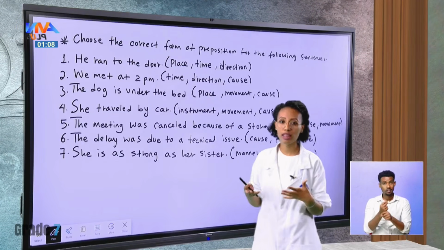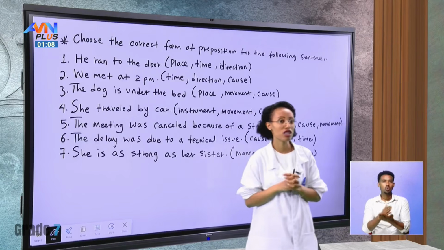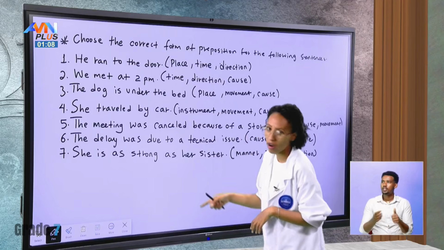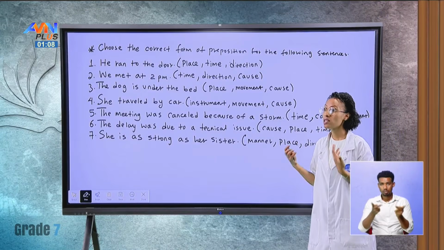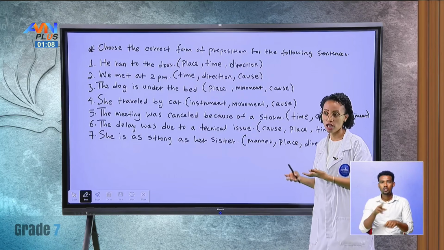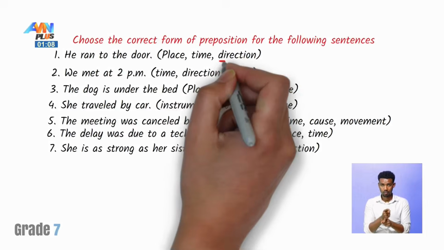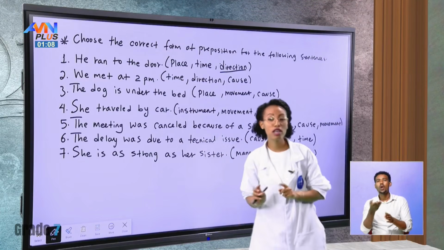Let us look at them in detail and see where you need corrections and where you actually did really well. So the first one, he ran to the door. So is it a preposition of place, time, or direction? Which one do you think it is? You are correct. It is preposition of direction. It is showing us exactly where this person is running to.